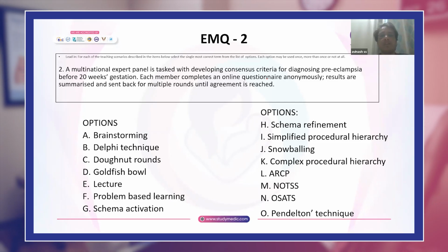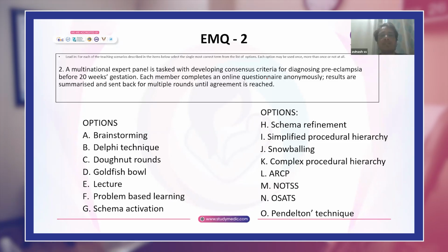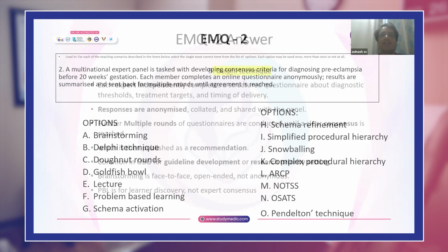So with this, modifications will occur in the answers, based on what the others have shared. So till a common consensus or an agreement is reached, this type of technique is called the Delphi technique.